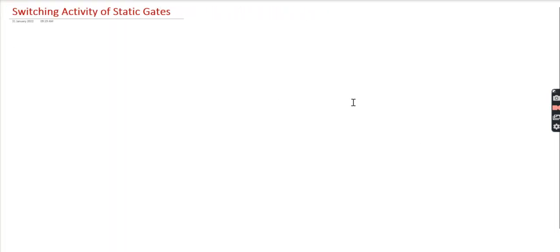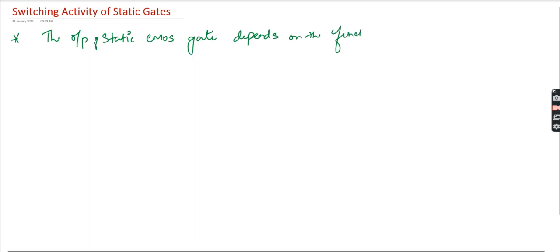The switching activity of static gates means that the output of a static CMOS gate depends on the function equivalence.